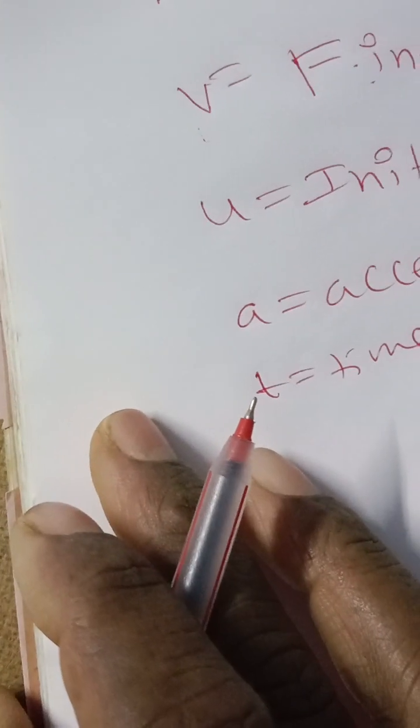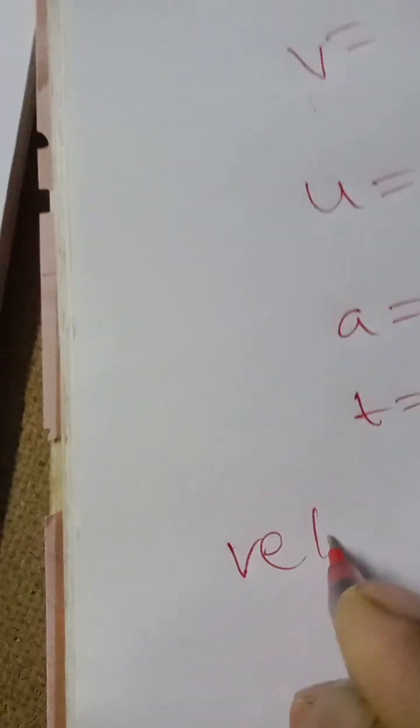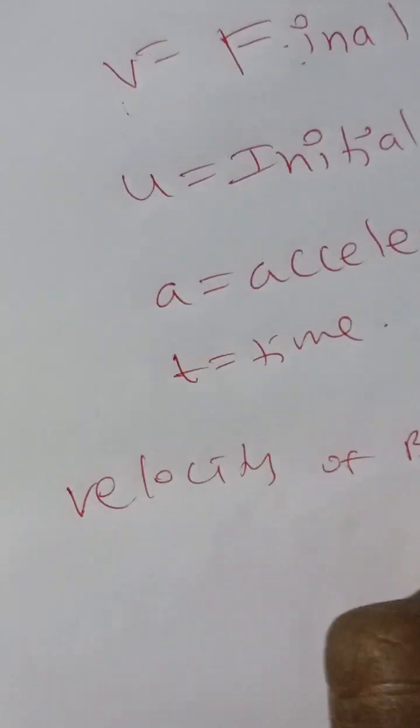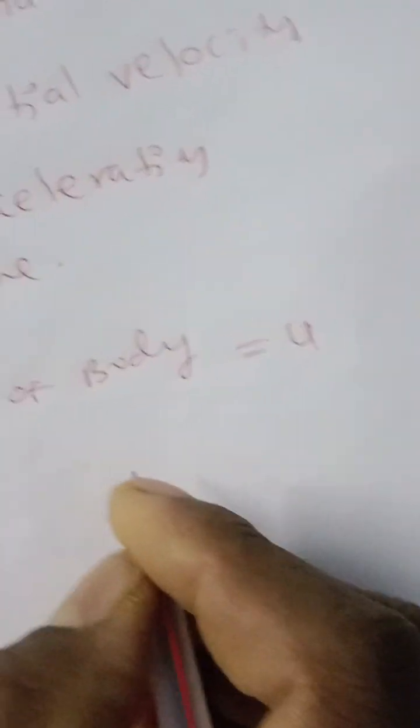Initial velocity. The body is moving with a velocity, the body's initial velocity is u.